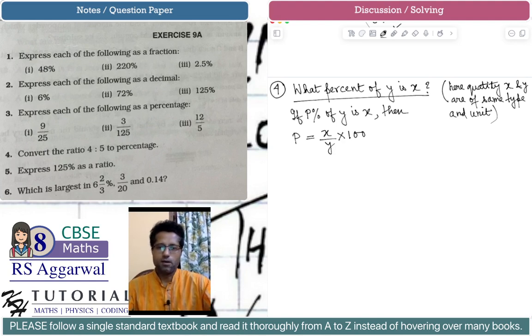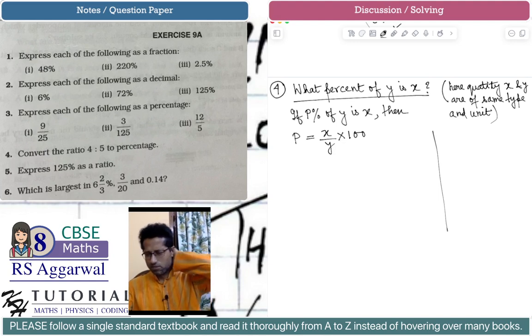It makes no sense to ask what percent of 1 kg is 100 rupees, because kg and rupees are different units. So y and x have to be of the same type and same unit.